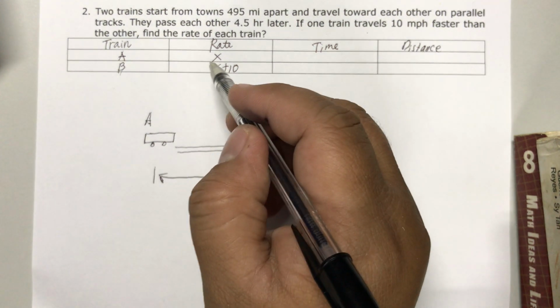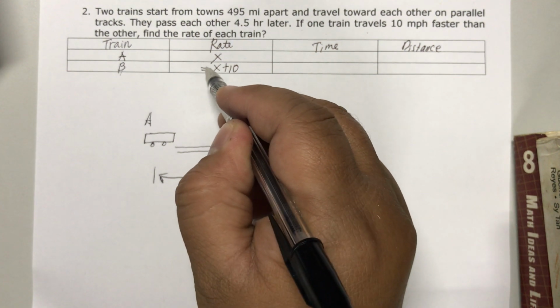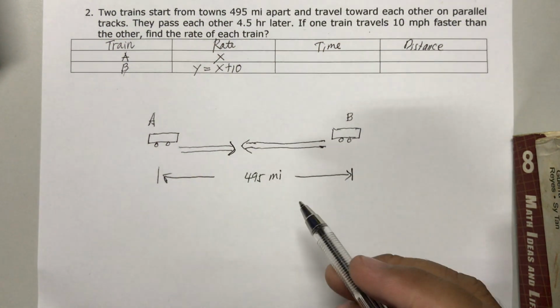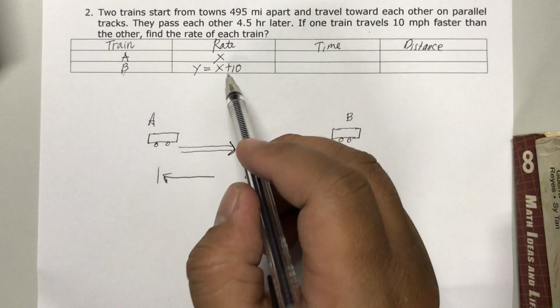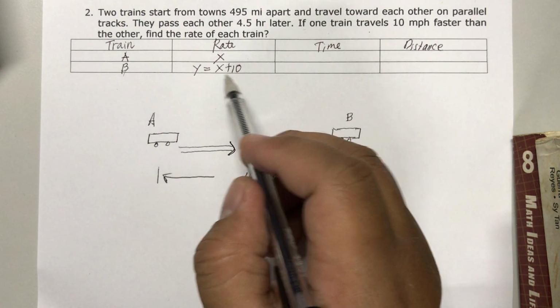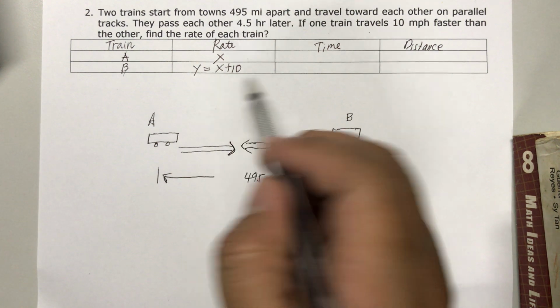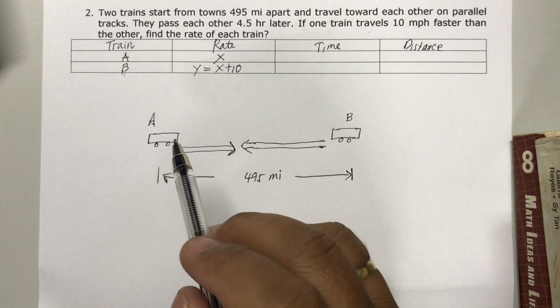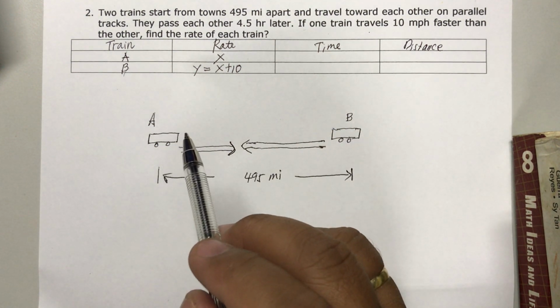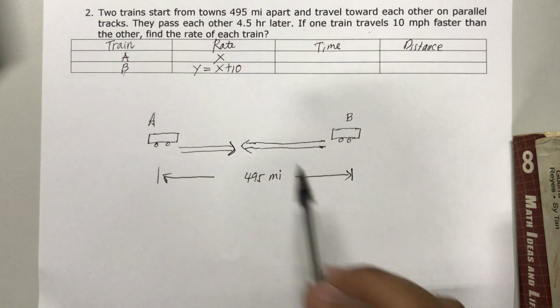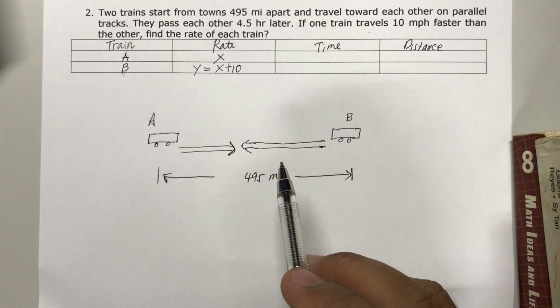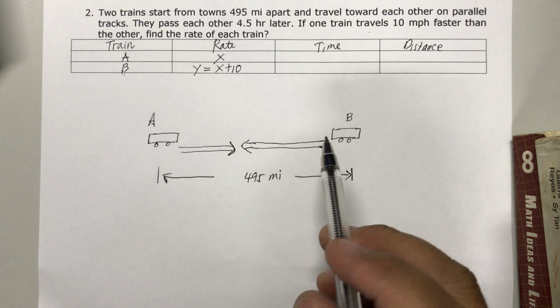Okay, so you can let x plus 10 be equal to y. So y is equal to x plus 10 is already the first equation. This is equation number 1. Again, like in other word problems, you may make use of one variable, you may make use of two variables. It doesn't matter, again, for as long as you do not violate any rule in algebra. Okay.